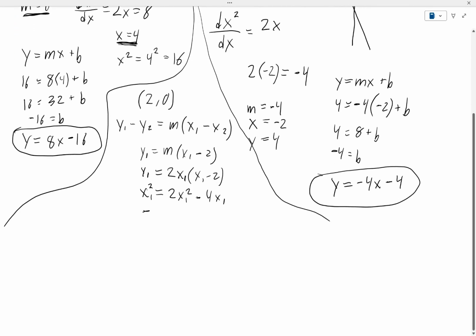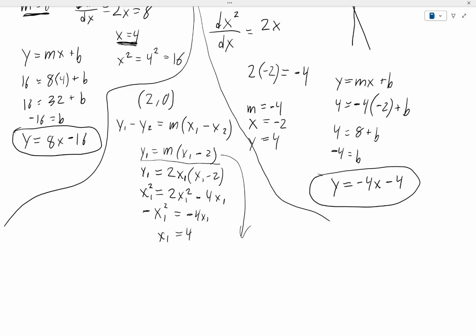Okay. So I'm going to subtract, and I have negative x1 squared is equal to negative 4x1. Divide by negative x1 on each side, and I get x1 is equal to 4. So that's the value at which this derivative is evaluated to give us our m value. Okay, so now right here I have the equation of the line.